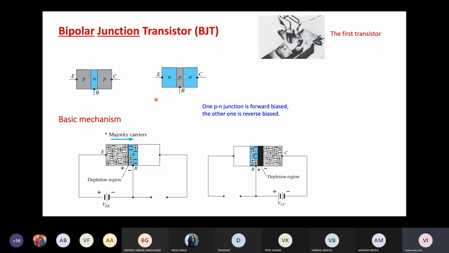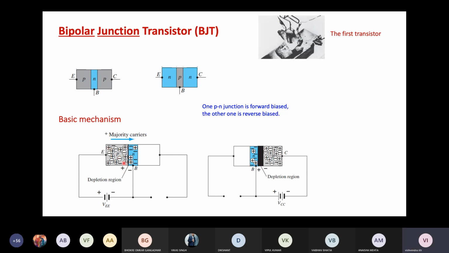In the reverse biased junction, all the minority carriers that are close to the junction are swept through the junction. Now, something interesting happens here, and maybe you already know this.